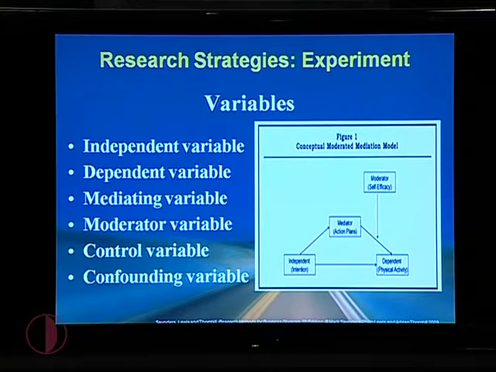So let's have a look at what we mean by independent variable and dependent variable. The independent variable affects the dependent variable. It may affect it directly, a direct relationship between independent and dependent variable, or through a mediator it will give different findings. Moreover, we may have a moderator variable that affects the relationship indirectly.